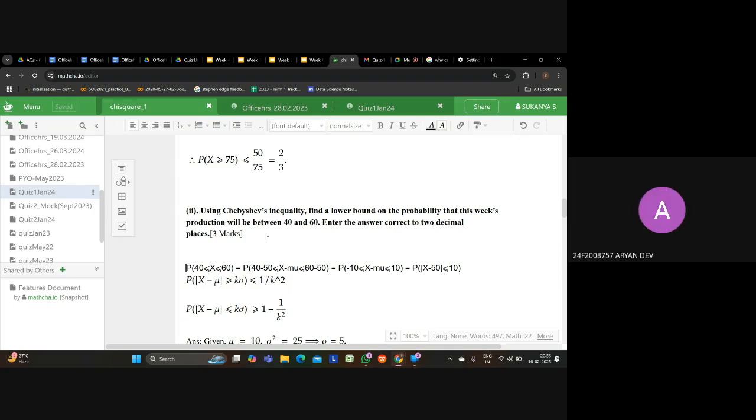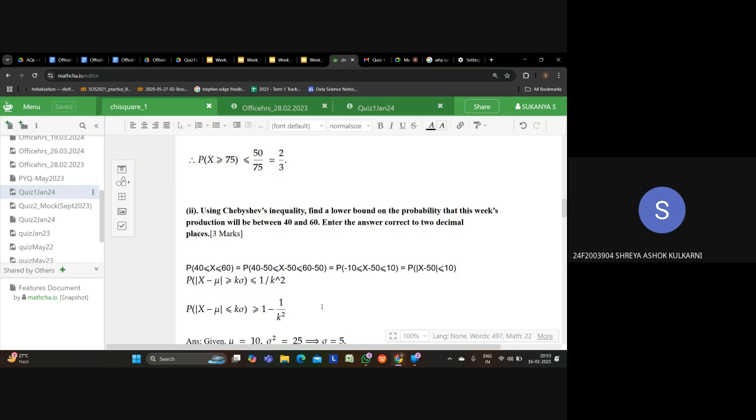And k sigma will be equal to 10. The answer is 3 by 4. Is that what everyone got?